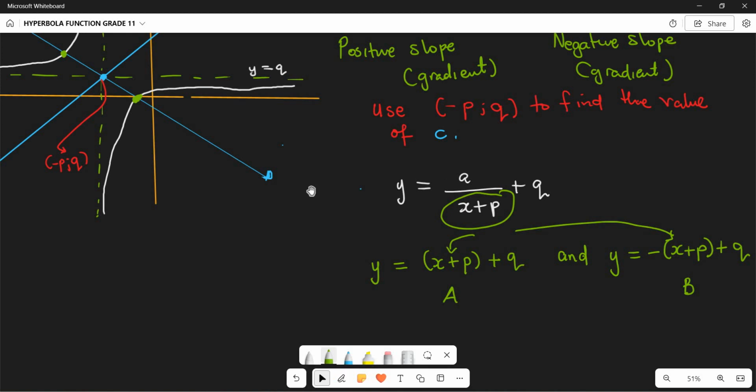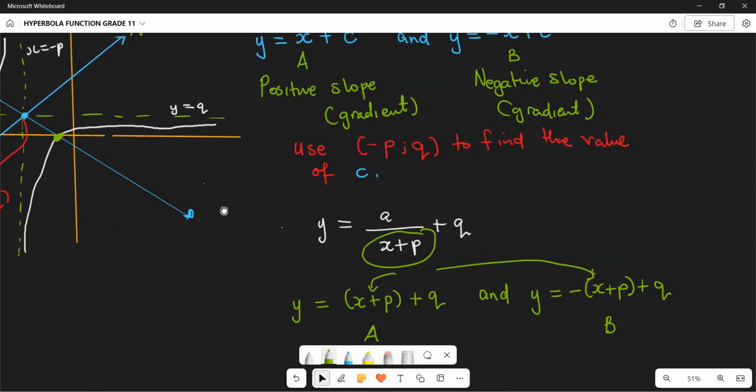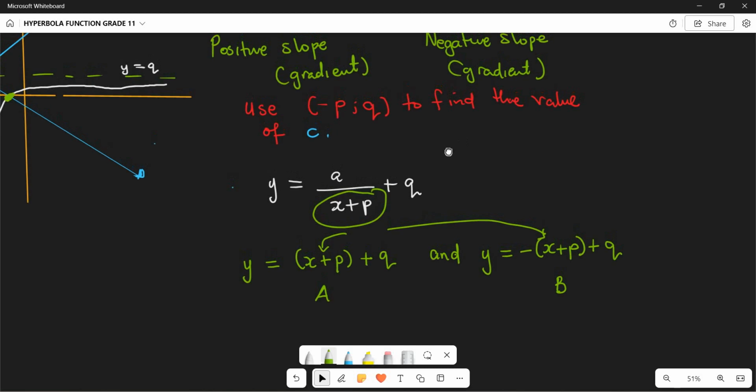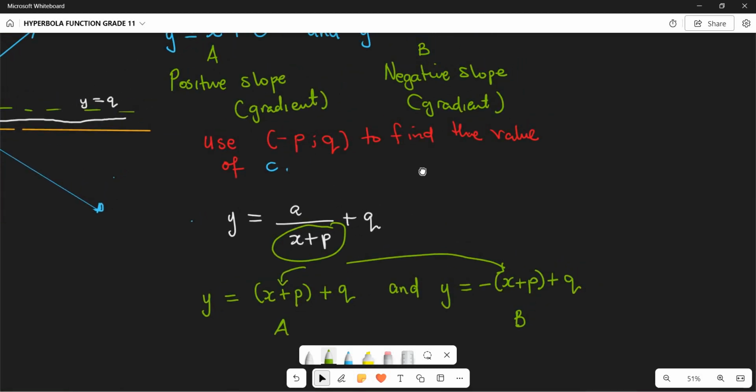There are questions that you'll be asked to find these. Both methods will work, whichever you are comfortable with is the one you would use the most.